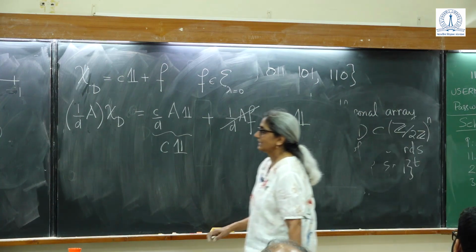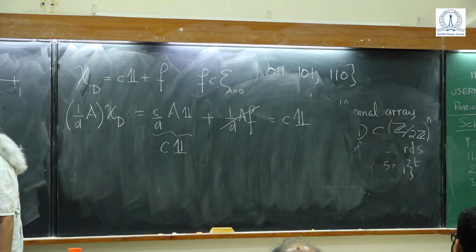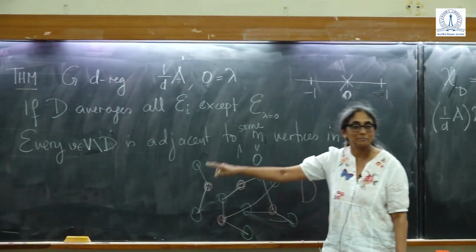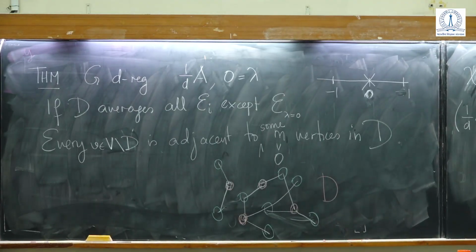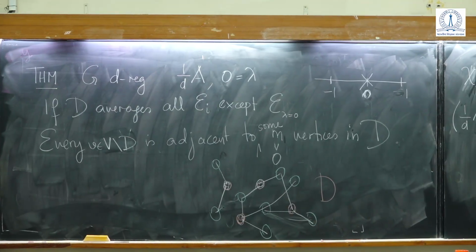This means that in one step, all the greens got picked up, okay? And how does the random walk move, right? The pink guy just distributes all its measure equally among its neighbors.